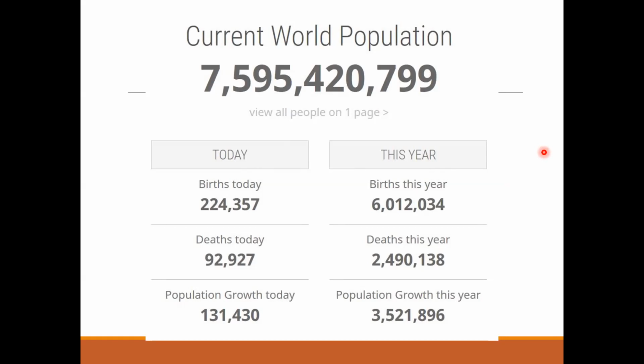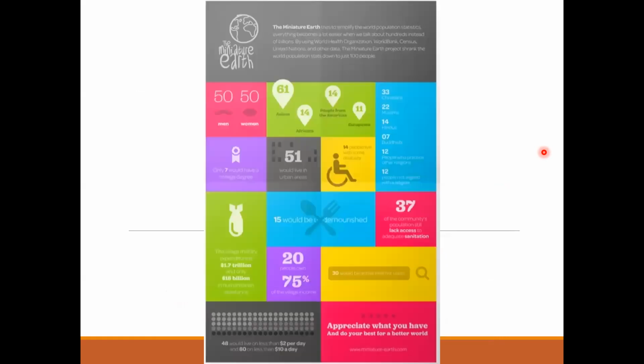And you can actually look at it by country, you can look at it by region of the globe, and it will just show you really that even though we have daily deaths, overall, we're having a general trend towards a growth in population. We're going to talk about why that is.